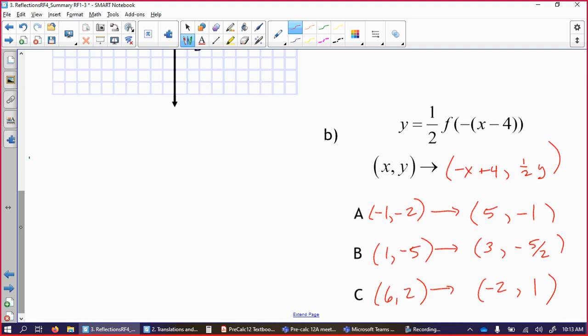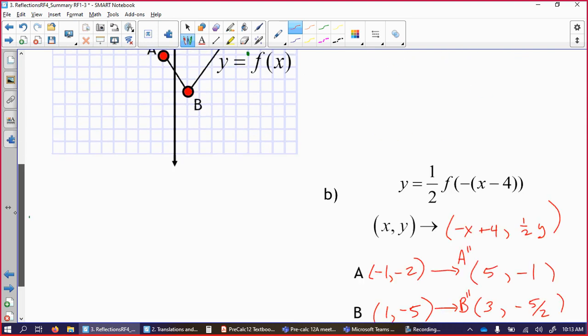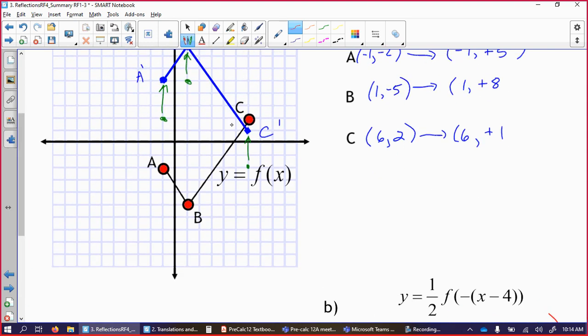So I would call these A double prime, B double prime, C double prime. I labeled those. So 5, 1, 2, 5, and negative 1. So that's A double prime. I'm going to get rid of those green bits because they're just going to get in the way.